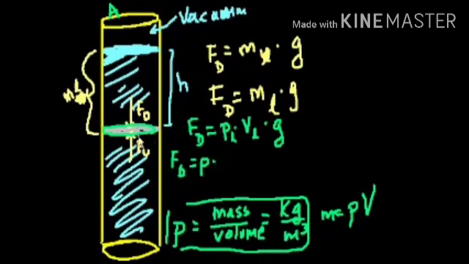And the volume of the liquid is just the height times the area, and then times gravity. Fair enough. So we've now figured out, if we knew the density, this height, the cross-sectional area, and the gravitational constant, we would know the force coming down. But that's kind of vaguely interesting.